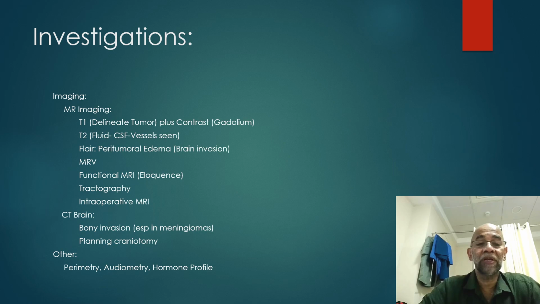Or in a sphenoid wing meningioma, you want to check as to how much is the involvement, because when you do an orbitozygomatic craniotomy, a highly thickened anterior cranial fossa floor might provide difficulties and danger. CT scan brain is also important in planning a craniotomy.